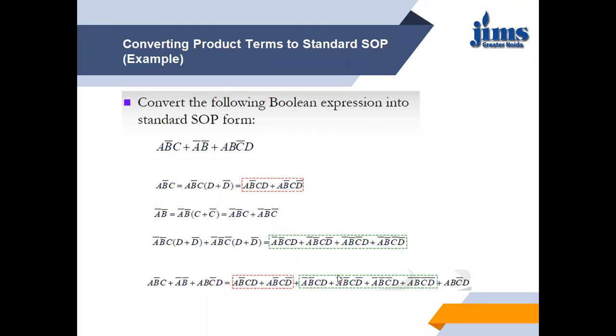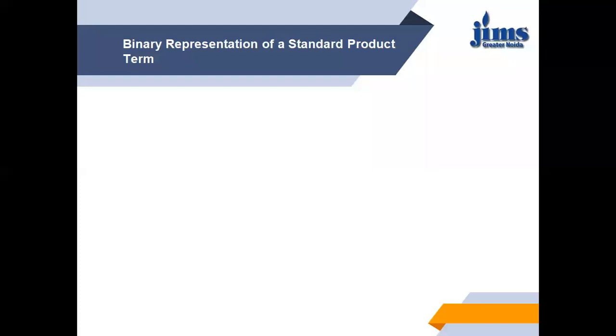The second term is replaced by these four terms, and the last term is already in the form of standard SOP. So where we had three product terms, here we have 1, 2, 4, 6 and 7, that is, 7 product terms. In this way you can convert any general sum of product into the standard form of SOP.